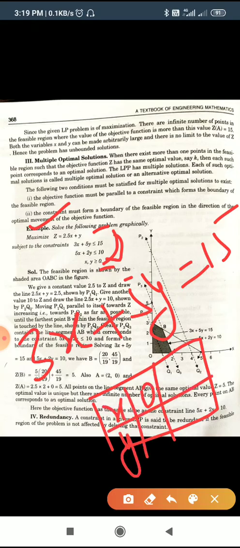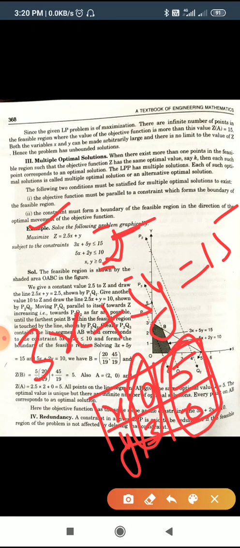If x is 0 in the first restriction, then y is 3. If y is 0, then x is 5. So, using these coordinates, we draw the first line on the graph.